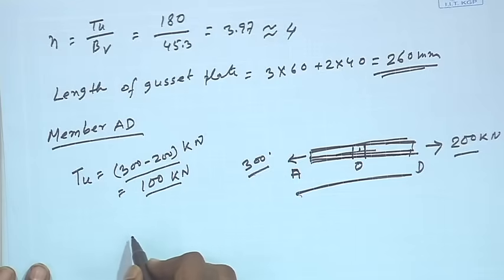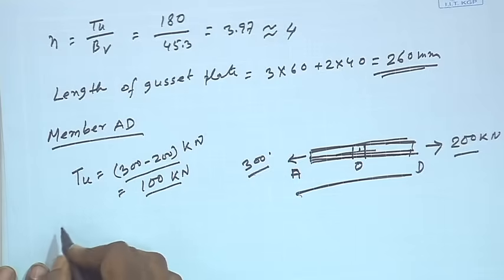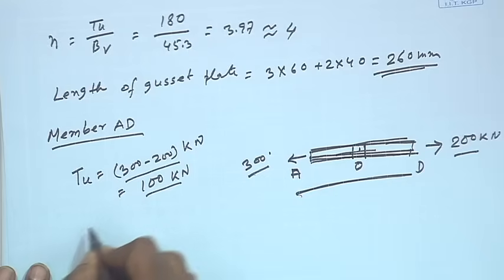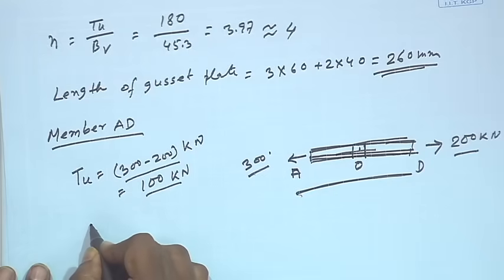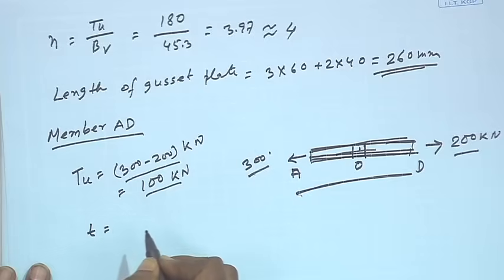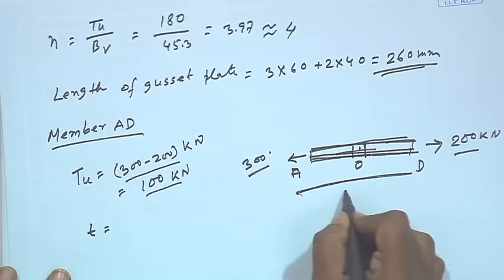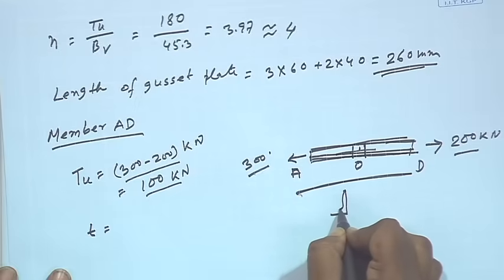And in this case, for the thickness, the angle is 8 mm, because two angles are placed together.